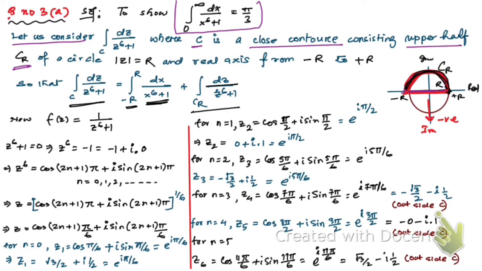Remember also that when r tends to infinity, the integration over C of dz by z to the power 6 plus 1 is going to be equal to the integration from minus r to plus r, and as r tends to infinity, it becomes minus infinity to plus infinity dx by x to the power 6 plus 1.